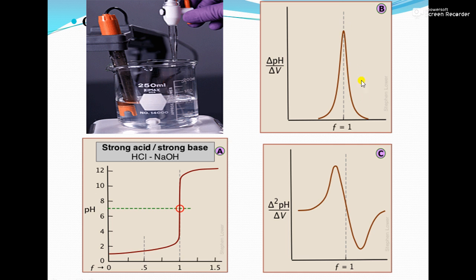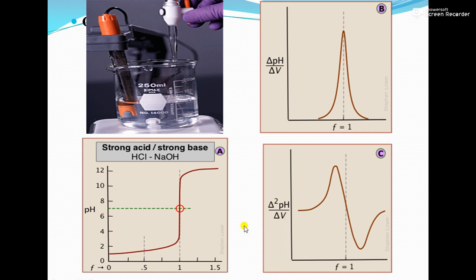You will get a peak, and that peak is nothing but the end point of the titration. Similarly, you will get the third graph, delta square pH upon delta square V versus mean V. So those are the three graphs for pH metric titration of strong acid versus strong base.